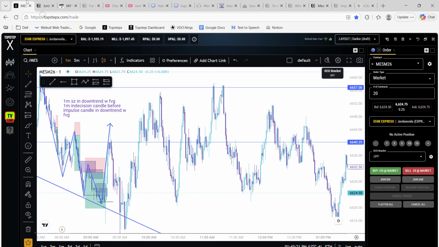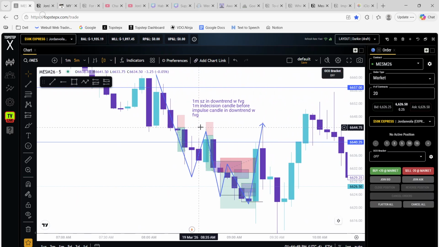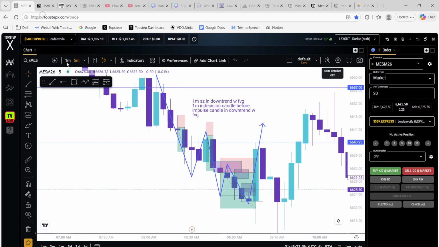What else? 5 minute time frame. Price consolidated a little bit and then reversed. Okay, so the 5 minute sell candles got smaller, then formed a doji, then reversed, and price sharply... How do I describe this?